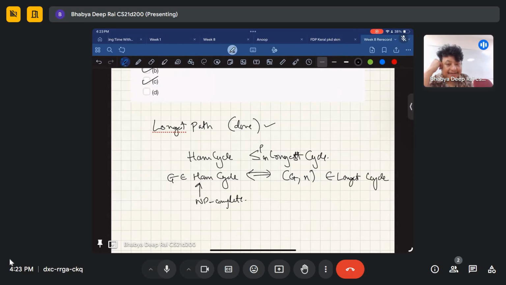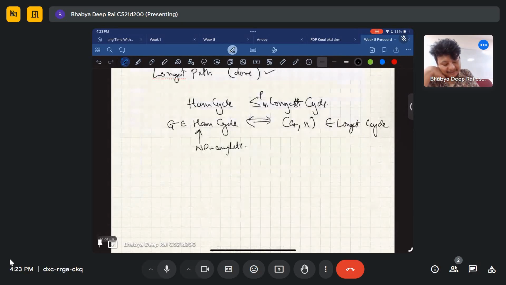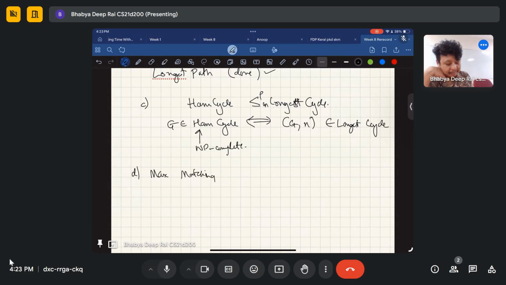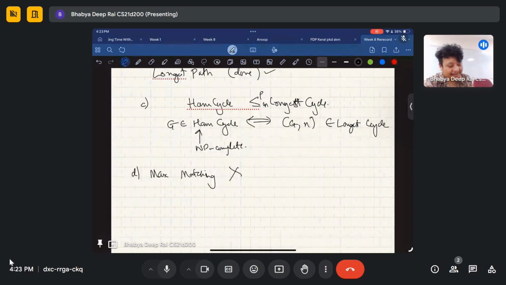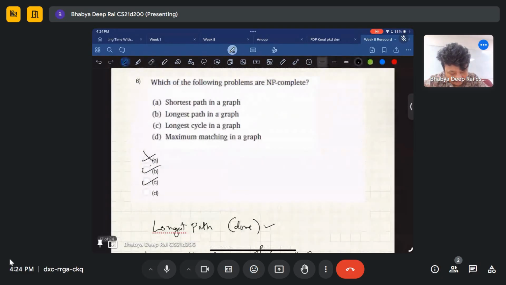Okay. Finally, maximum matching in a graph. Can it be so? Maximum matching cannot be NP complete, because we already saw this. This is not bipartite. I feel like this is not true. Let me just confirm once. I believe there are only randomized algorithms for this.